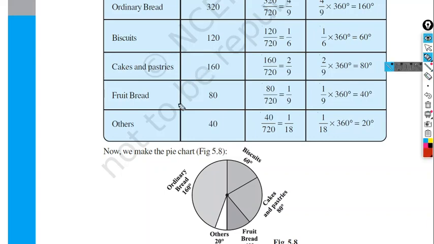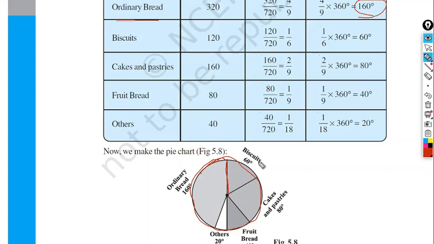So first thing we have to draw a circle. Okay, it has been drawn here. I just demarcate here. So first you draw a circle. Now you have to make 160 degree for ordinary bread. So first you make a line, this radius.